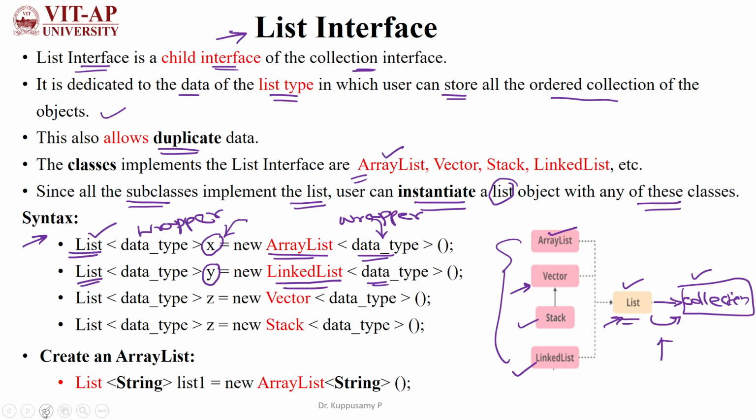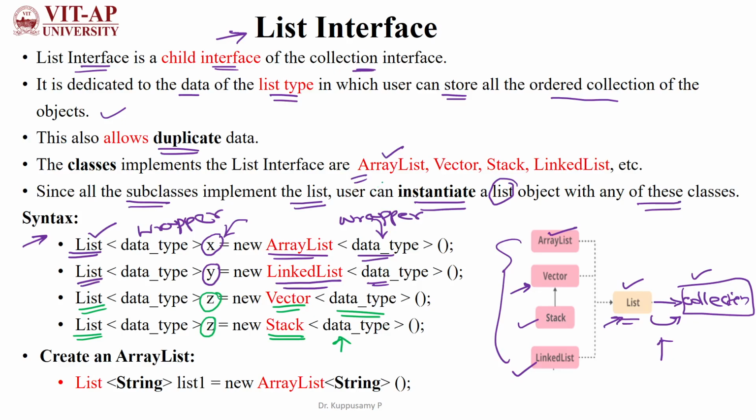Likewise, third, the Vector class creates a reference variable by using some data type, implementing the interface list. And next, a reference variable is created by using the class Stack with some data type, which implements the list interface.